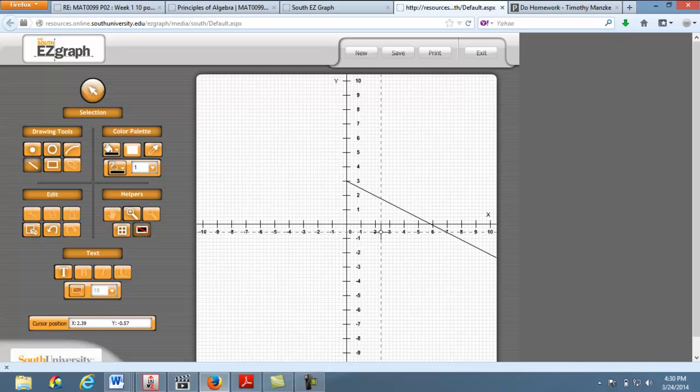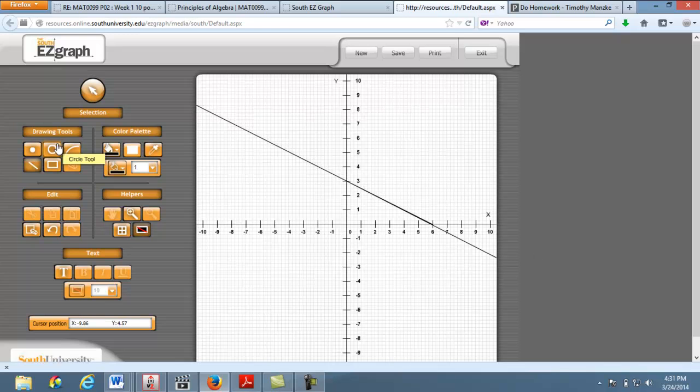Do the line tool one more time. Again, this isn't perfect. Probably a better way to do this, but this is just to line it up. Remember, a line should go across the entire system there.